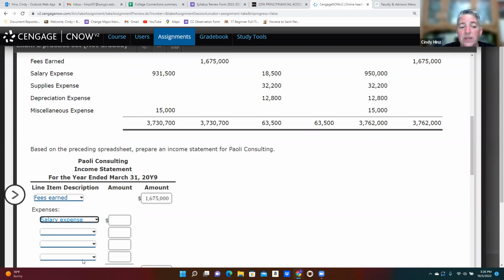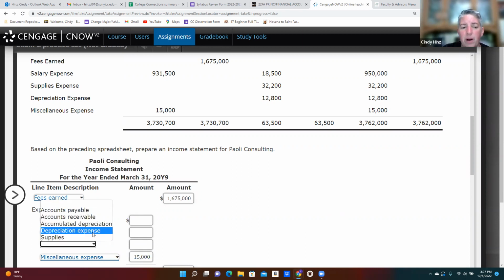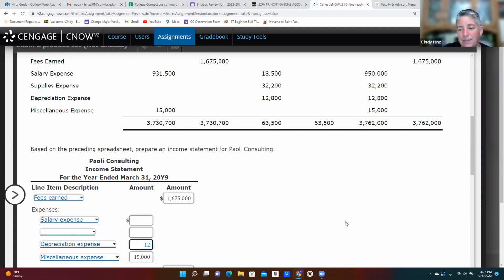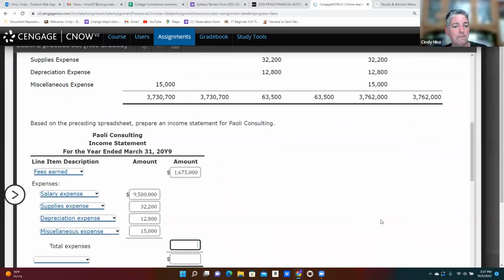The exception is miscellaneous expense, and since that usually includes a bunch of different things that are really all kind of small individually, we don't have to put that even though it's 15,000, so it's more than the depreciation expense, we would not put it above depreciation expense because it is a compilation of a whole bunch of different small expenses that don't have their own individual accounts, but they're all thrown together in that miscellaneous. So we always put miscellaneous last.